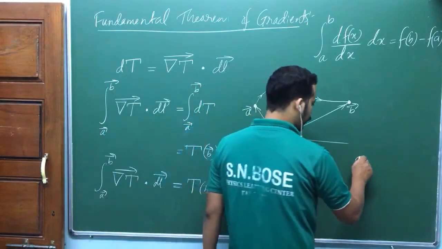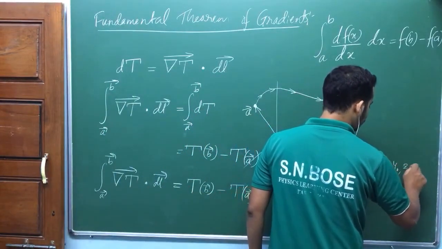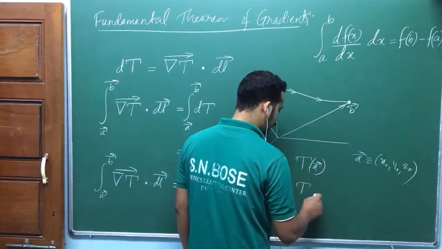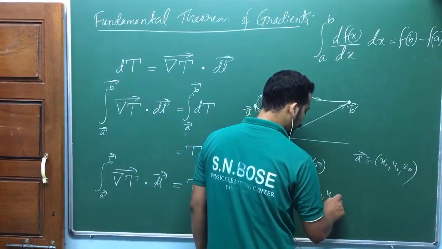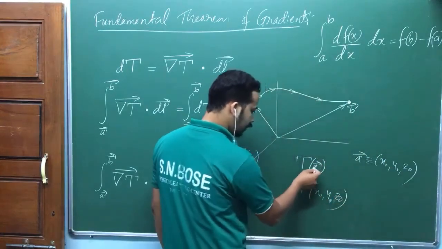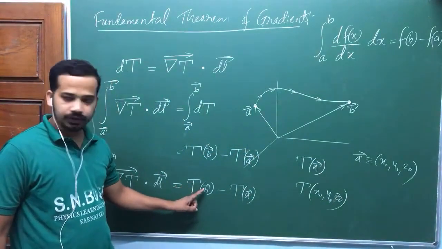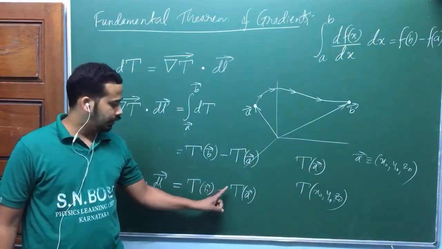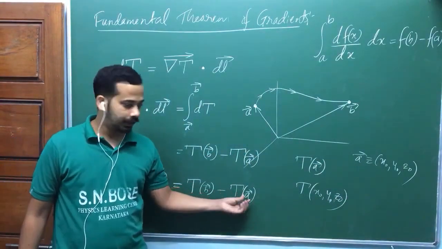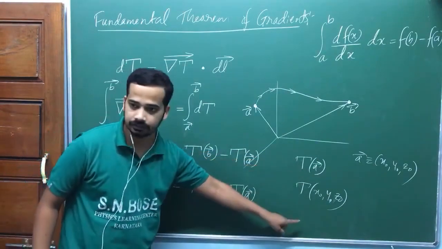A vector stands for some x naught, y naught, z naught, okay. That means I am writing my scalar field at some x naught, y naught, z naught. Is that okay? That is the meaning, okay. I am writing t at B vector means t at some position B, okay, t at some position A. So this is a vector, but this whole thing is a scalar. I hope you got that point. Is that okay?